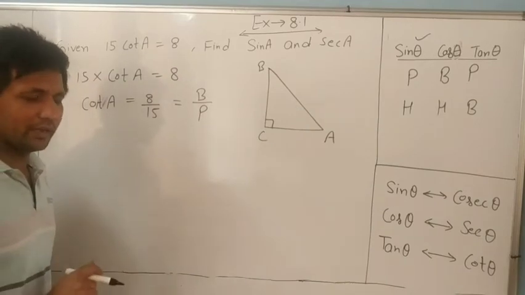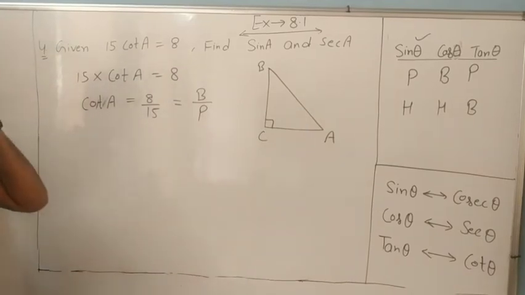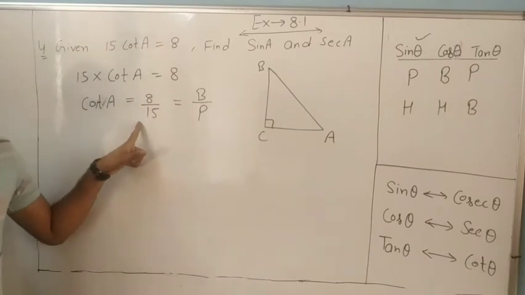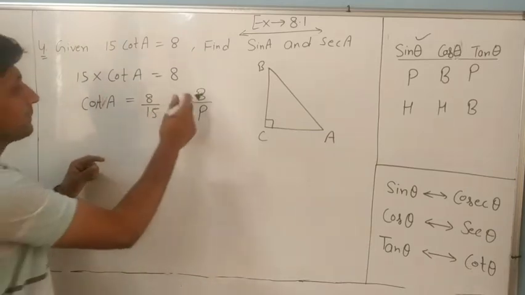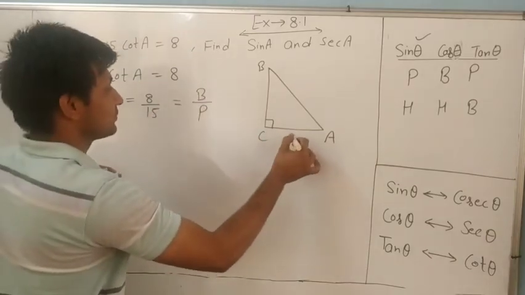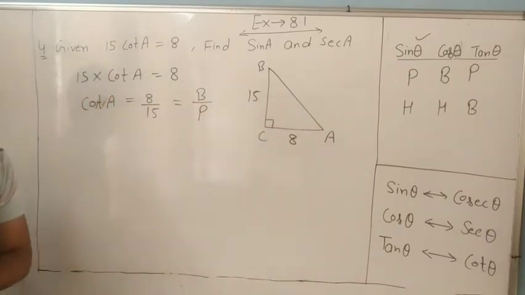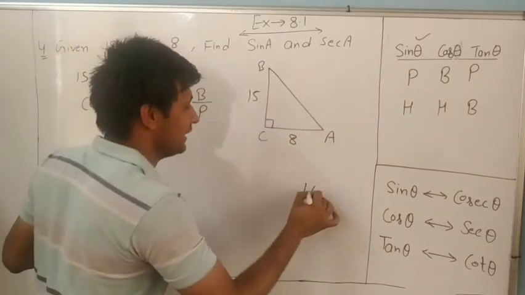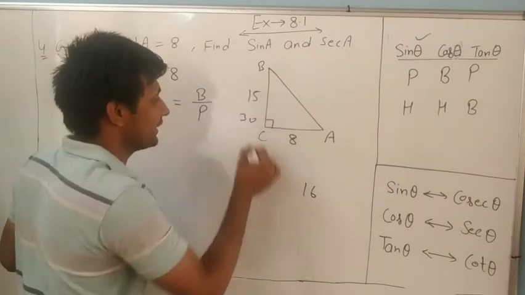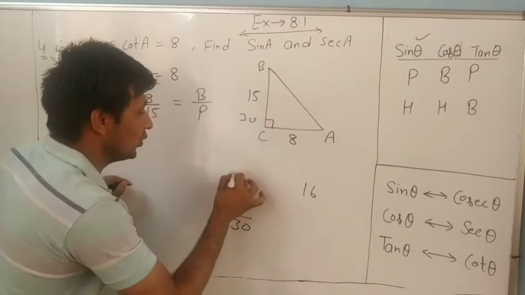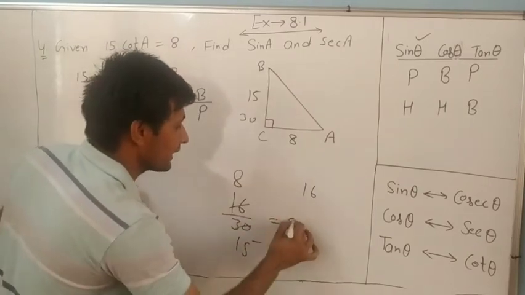Remember what we discussed: these are the ratios of sides. Maybe base is 8 and the other is 15, then the ratio is 8 by 15. Maybe base is 16 and the other is 30, then the ratio is 16 divided by 30, which again comes to 8 by 15.